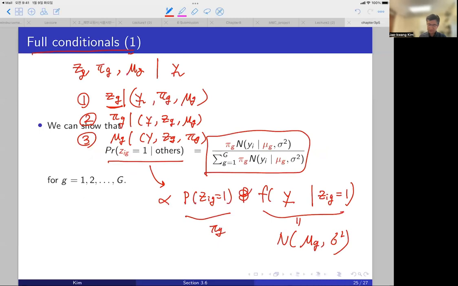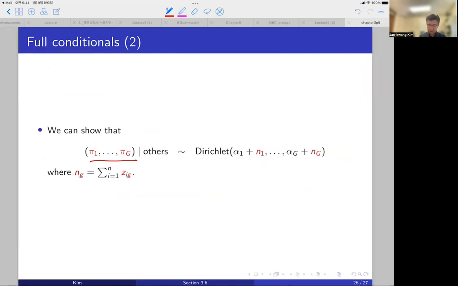Okay. So we have a prior, right? The prior is just a Dirichlet, Dirichlet alpha 1 to alpha g. And then the posterior, given x and y, no, x, y and z, right? Given y and z and mu z.